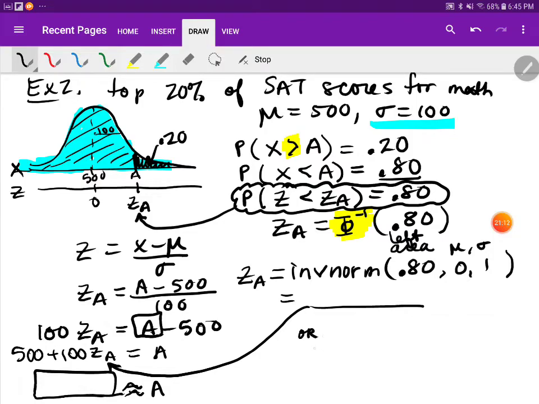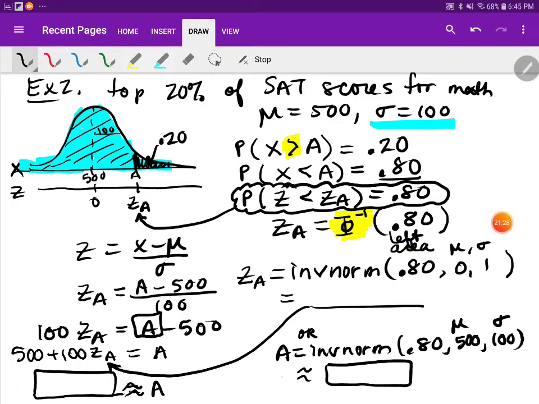Or if you do inverse normal, this will find A directly: 0.80, comma, and then you can use the mu from the original problem and the sigma from the original problem, and it will give you directly the same answer as this one. But you won't learn it as well. So that's where you have to kind of make your choice.